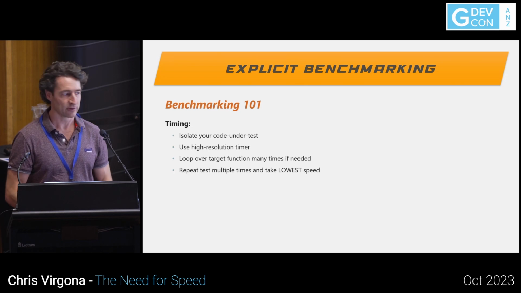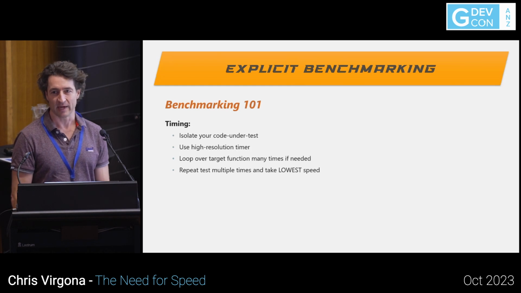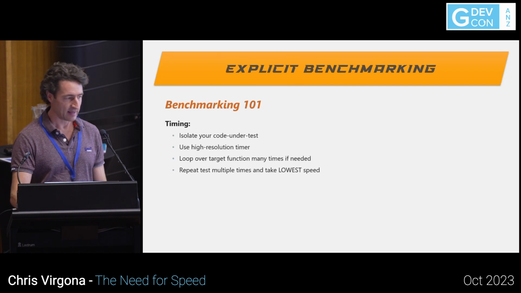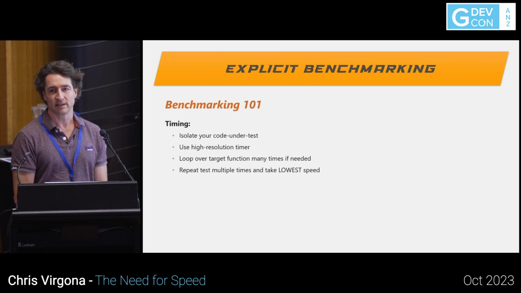You'll get misleading results. You have to use the high resolution timer because, well, you want to use the most accurate timer you've got. The millisecond timer, we way surpassed millisecond timing accuracy, like, more than 10 years ago. So timing should be accurate. Often you have things that run so fast that you can't just time them directly.